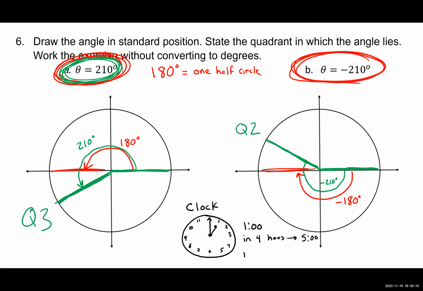Well, in 16 hours, it's also going to say 5 o'clock. The clock face is going to be the same because every 12 hours you're back to where you started, and then 4 more gives you 16. So 4 hours, 16 hours, same time on the face of the clock.